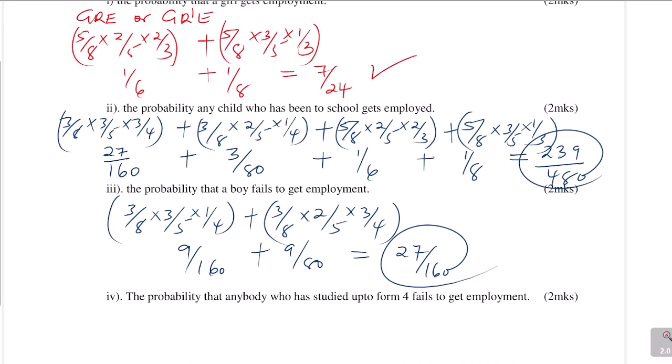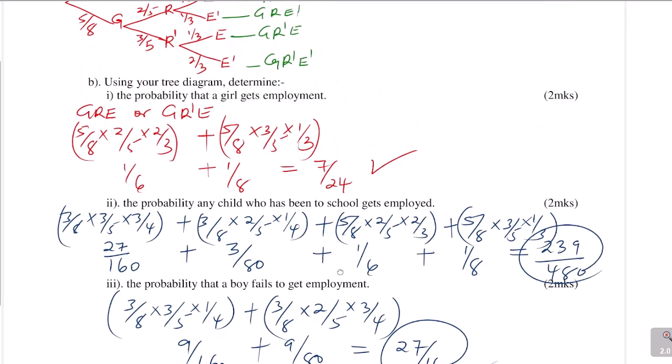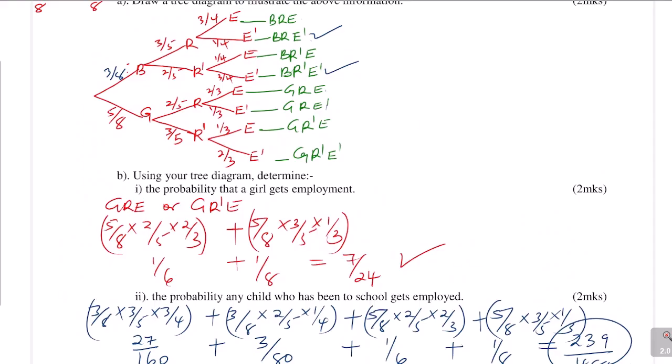The probability that anybody who has studied up to Form 4 fails to get employment. Anybody who has studied up to Form 4. So it is either a boy who studied up to Form 4, that is reaches Form 4, and fails to get employment, or a girl who reaches Form 4 and fails to get employment. So in this branch here, this is what you're going to take.